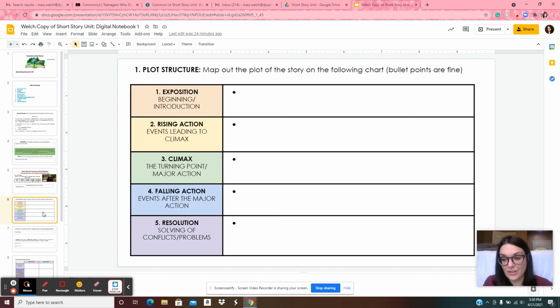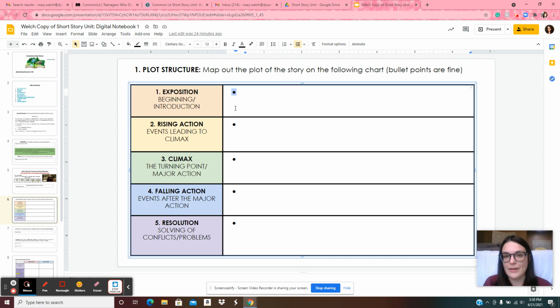This slide right here is the slide that is really starting to jump into the storytelling part of it. What this wants you to do is identify the exposition, which is the part of the story where they set up everything, introduce the characters, and the main conflict. They want you to identify the rising actions, what led up to the climax, the turning point, the point of the utmost intensity, the falling actions, so the events that occur after the climax, and the resolution, how the problem or conflict was resolved.